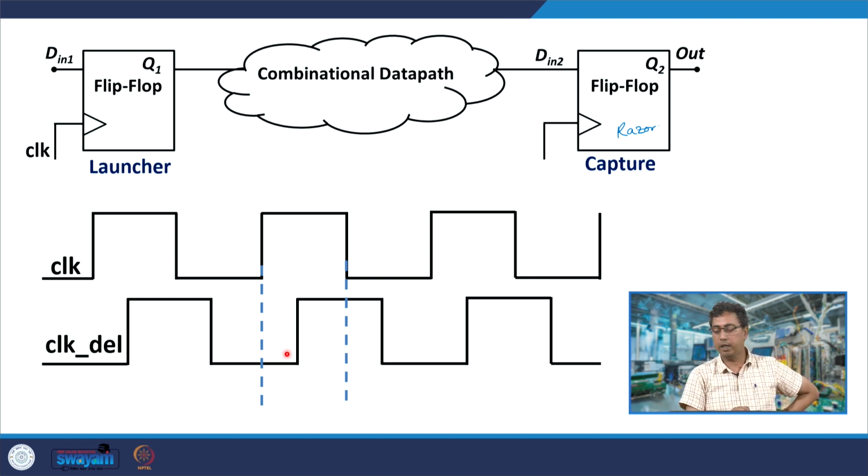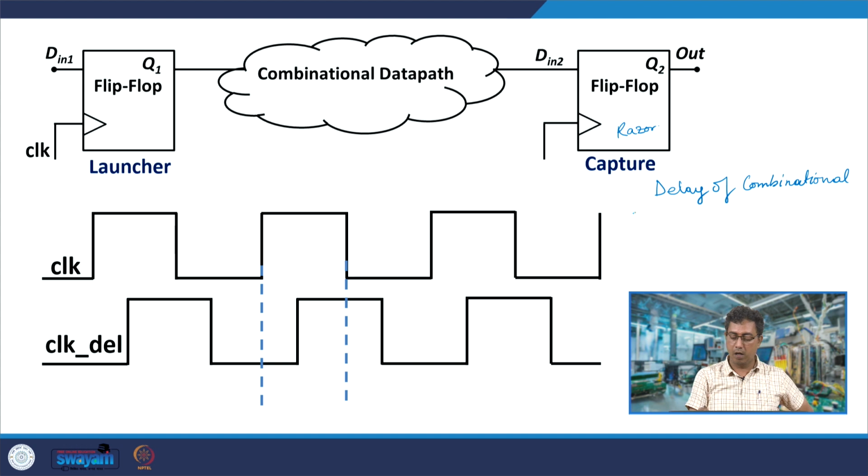So, one should be careful, and the delay of the random logic, the combinational data path, should be larger than or equal to T delay plus T hold.